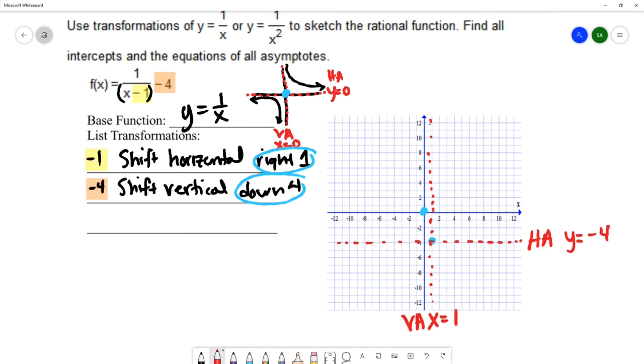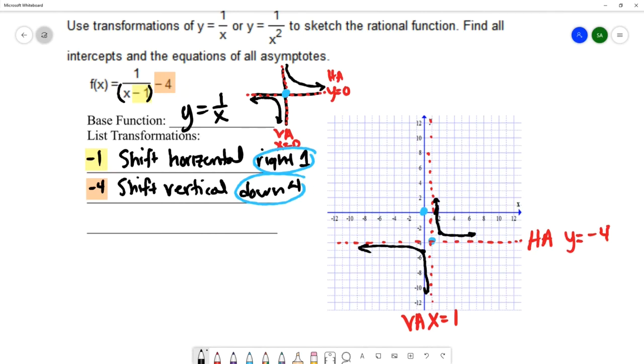And then from there, the graph will look just like it did before, it's just got a new location. It's now kind of centered around this point 1, -4, instead of centered around 0, 0. So we have our graph, and we have our asymptotes.